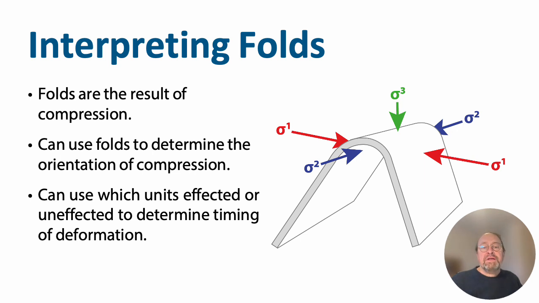On the other hand, the vertical stress, sigma 3, which is essentially an extensional stress in most cases, would be vertically oriented, and that means that sigma 2, the intermediate stress, is oriented along the fold axis. So we can use the geometry of the folds to identify the direction of compression, in this case sigma 1.